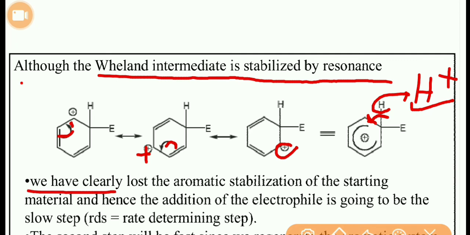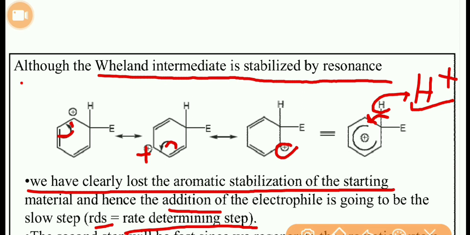We have clearly lost the aromatic stabilization of the starting material, and hence the addition of the electrophile is the slow step. This is called RDS, rate determining step, that we can calculate the rate of the reaction by, according to chemical kinetics.